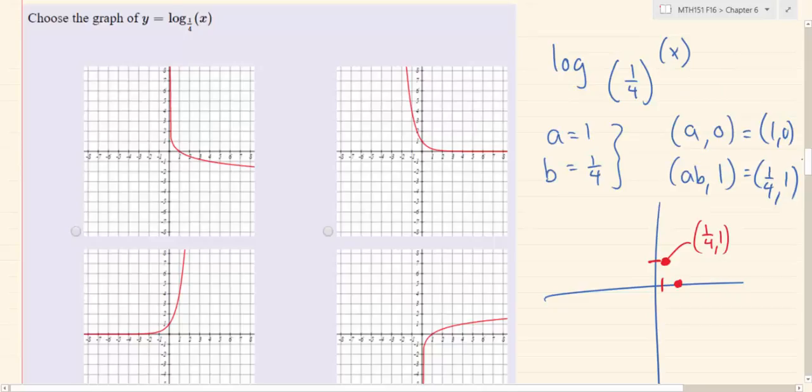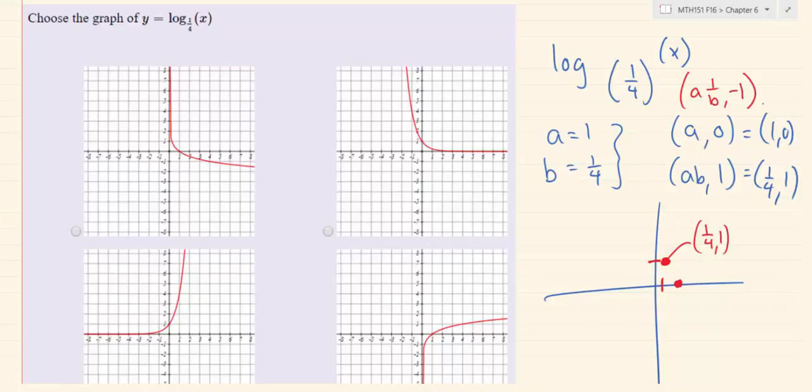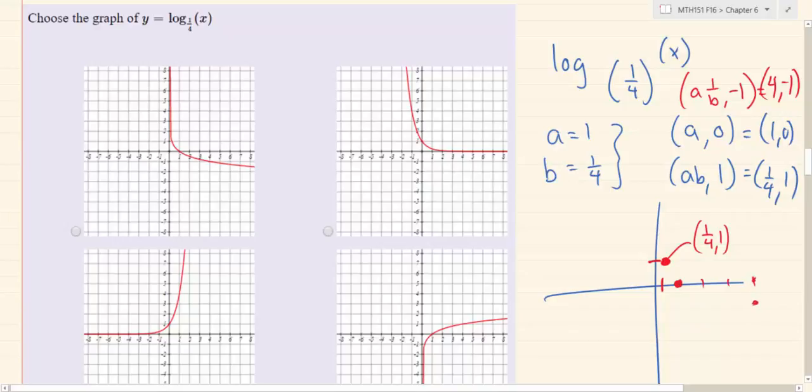So in addition to graphing (a, 0) and (ab, 1), let's also graph (a times 1/b, -1). And so that is going to give you the coordinates for -1. So you go 1, 2, 3, 4. There's your 4. And then here's -1. It should look something like that.